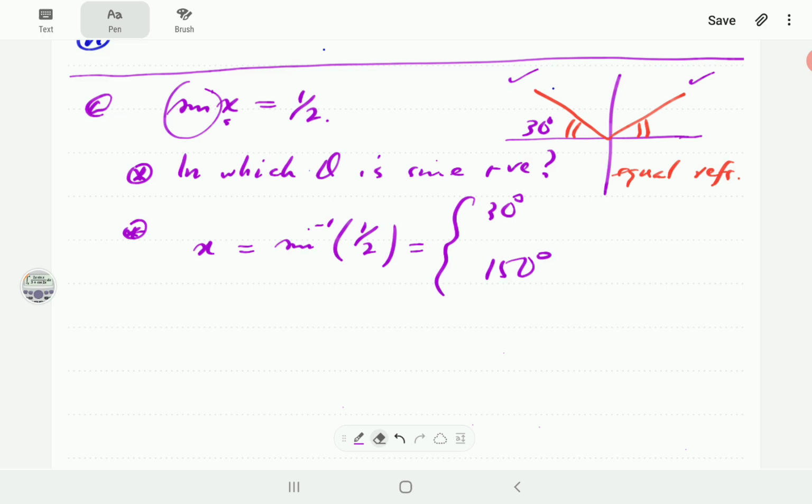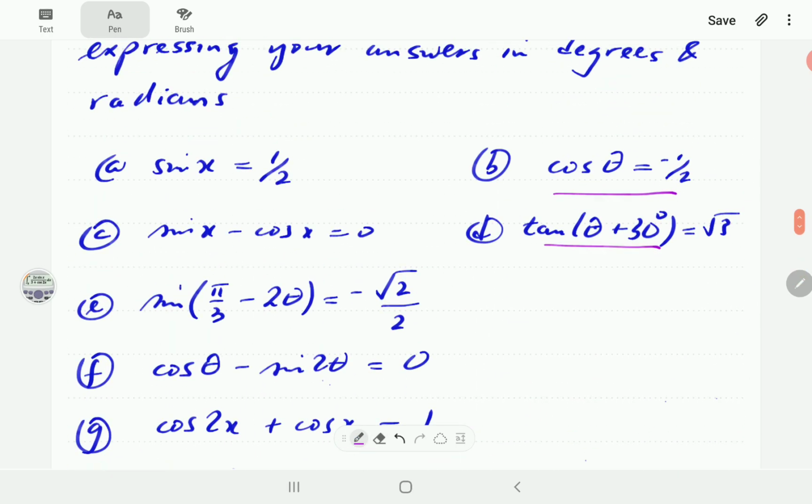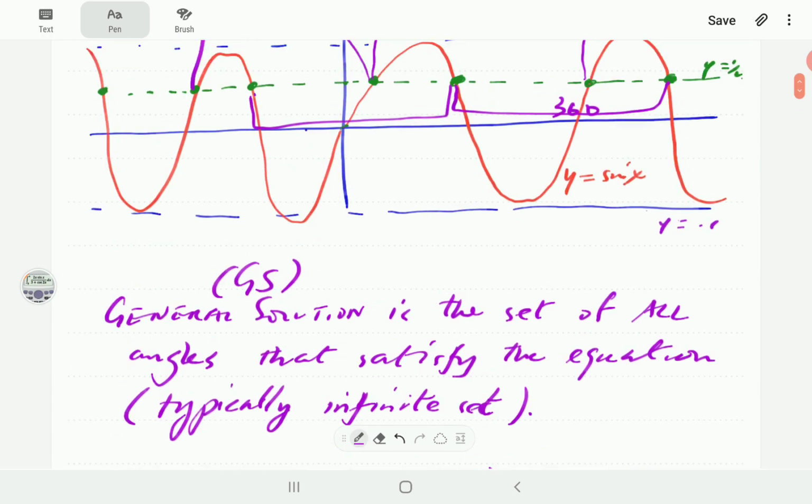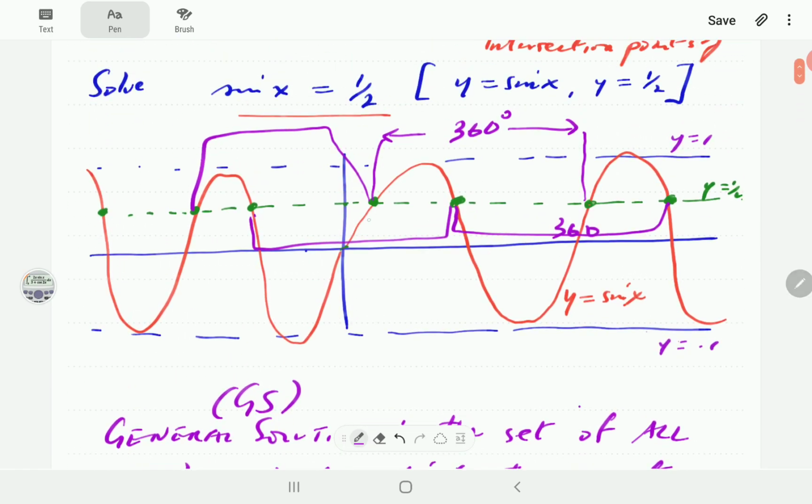Now, however, for the general solution, we have got to find all the angles. So if you like, all that we have done in this diagram is we've located these two angles here. So we have got to find all these others.